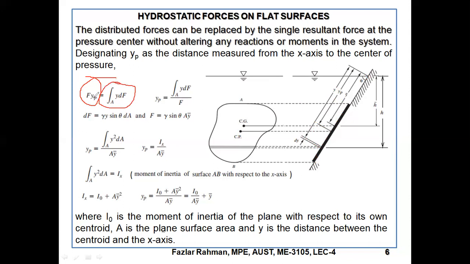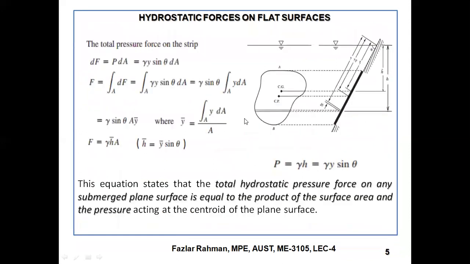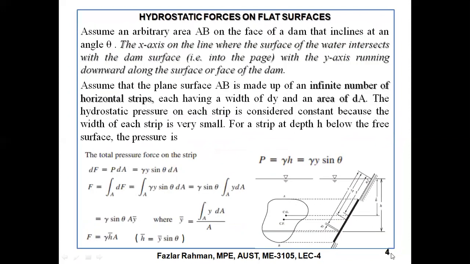So from here, we can say yp equals the right-hand term divided by F. Now the value of dF, we already figured out in the previous slide. If you look at the previous slide, dF equals gamma y sine theta dA.